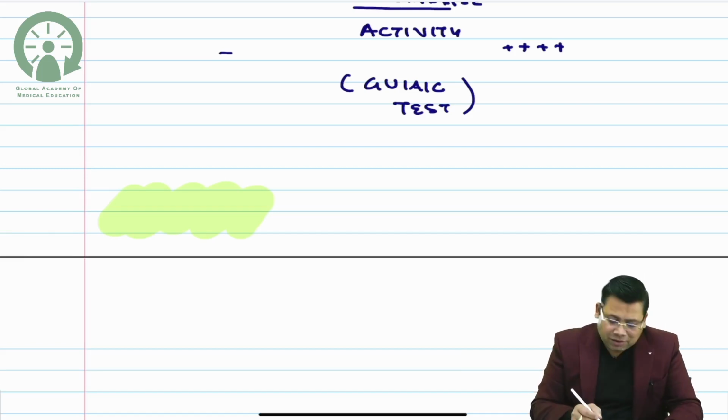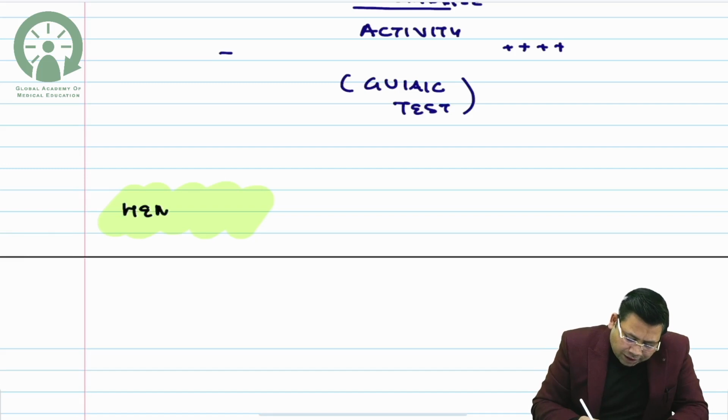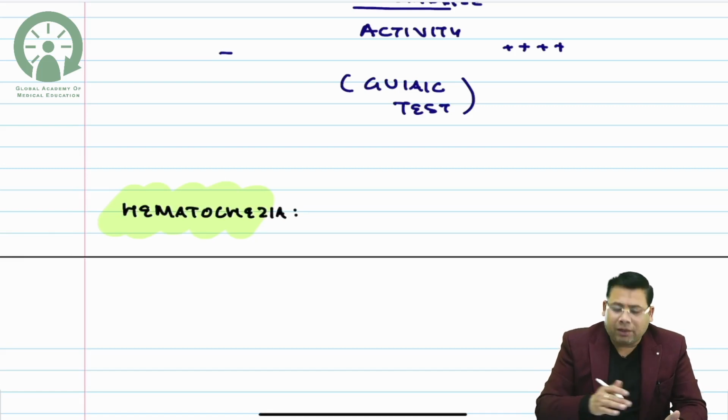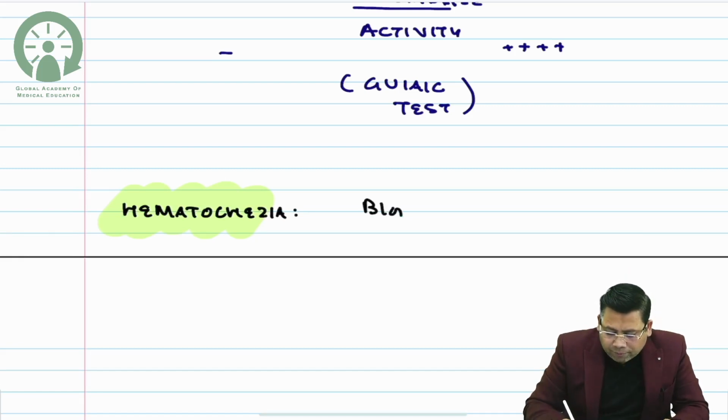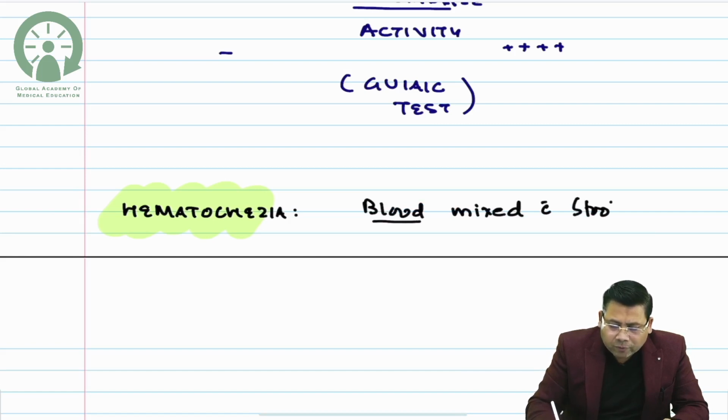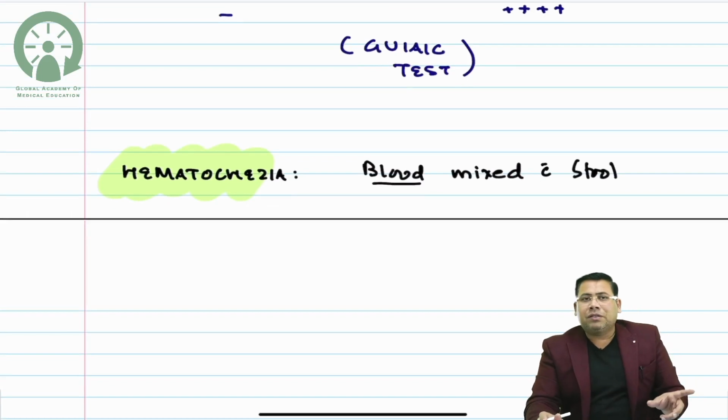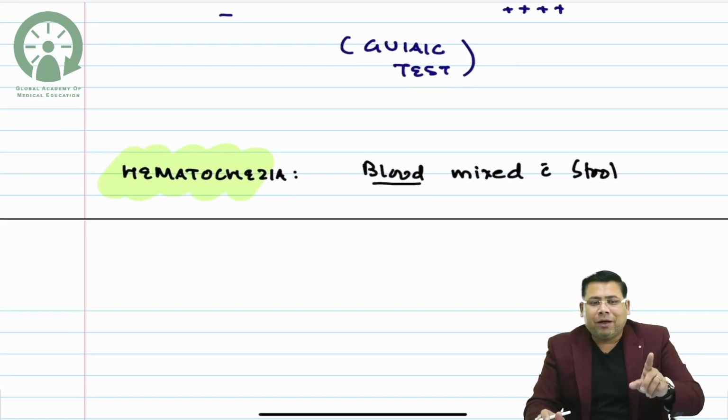There are two terms. So let us talk about hematochezia first. What is hematochezia? This is stool admixed with fresh blood. So blood mixed with stool. This is very important for you to understand, blood mixed with stools, because many of you are convinced that every bleeding PR is hematochezia.